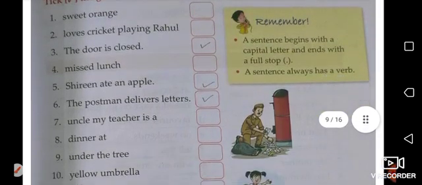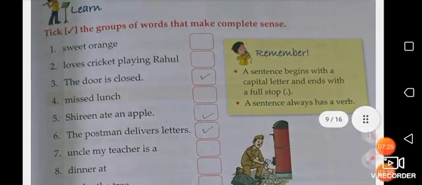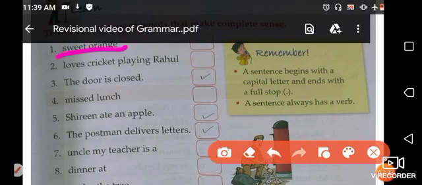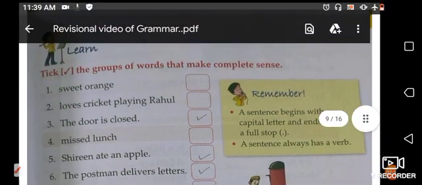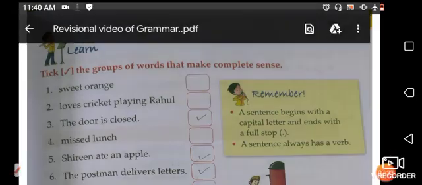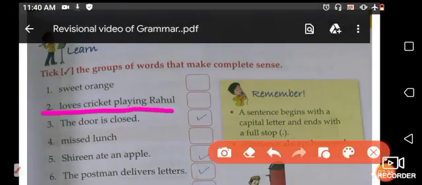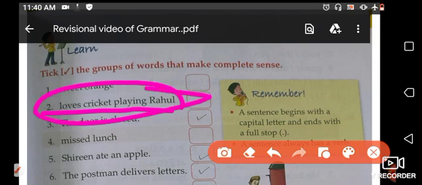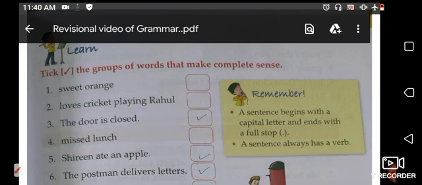You have to tick the group of words which make complete sense. First one is sweet orange, second one is loves cricket playing Rahul. It means nothing. It is conveying no idea, so we won't tick this.